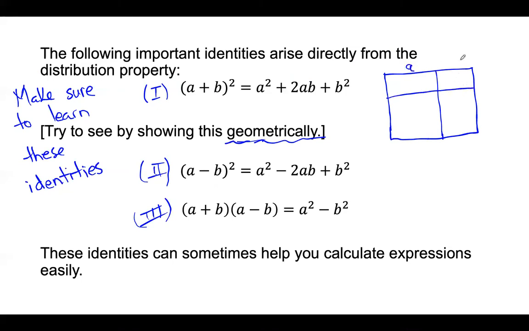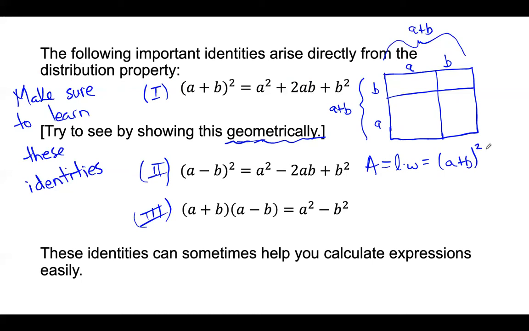And let's say this is A and this is B, and this is B and this is A. So the whole thing here is A plus B. The whole thing here is A plus B, as you can see. Now we're trying to show the first identity. So the area is length times width, which is going to be A plus B times A plus B. So we can just square it.